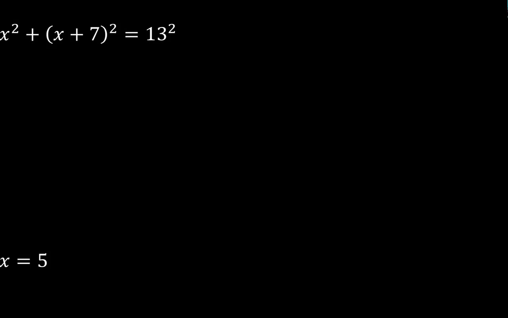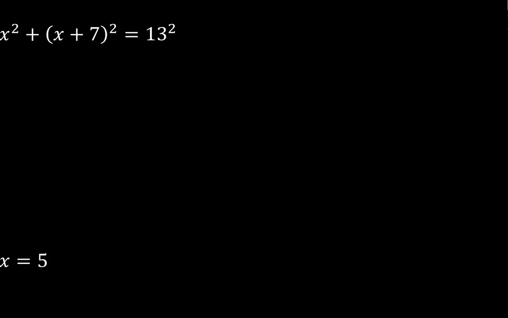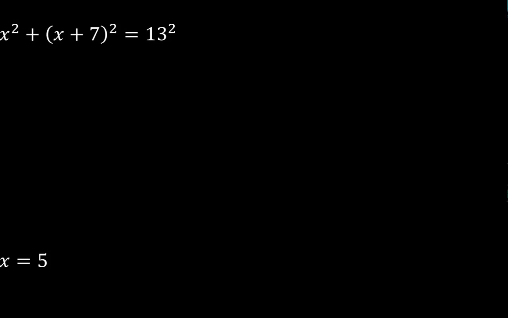And doing that, moving everything over to the one side, x squared plus x plus 7 squared, x being the length of AB, right? And x plus 7, remember, was the length of BC. So x squared plus x plus 7 squared is equal to 13 squared, and you can simplify this by squaring your binomial.